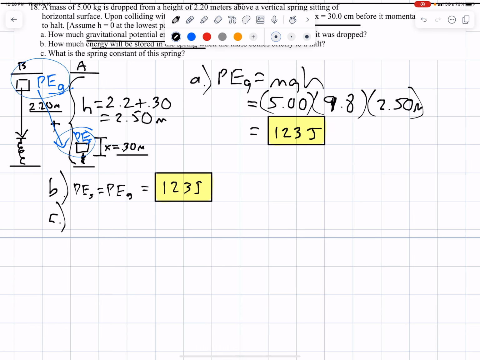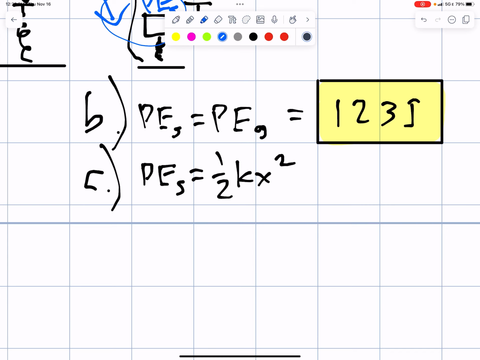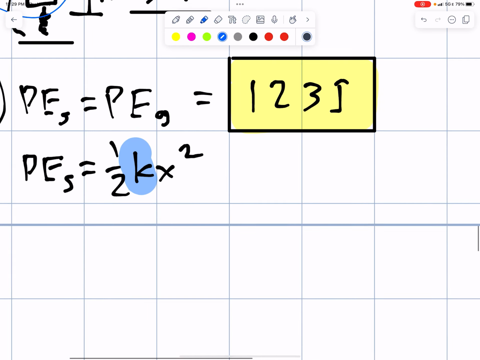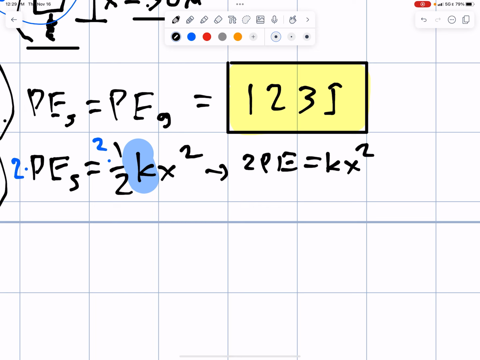All right, now part C, you have to essentially solve for k. So I'm going to take the spring potential energy equation, which is 1/2 times k times x squared, and solve that for k. In order to do that, I need to begin by multiplying by 2. So I get 2 times the potential energy equals kx squared.